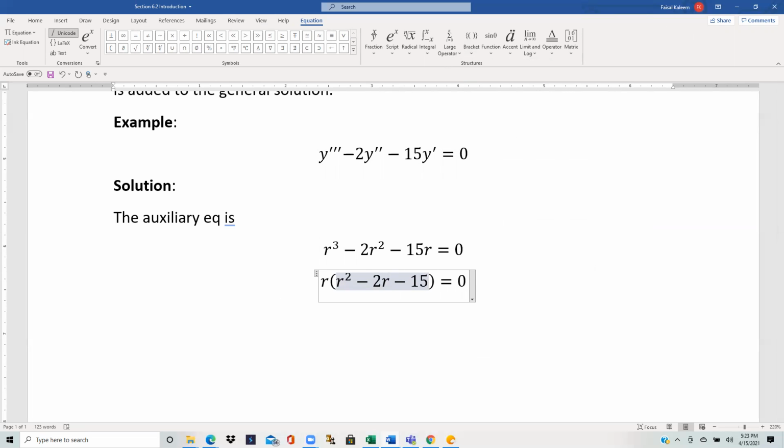And now this one factors further into r minus 5 and r plus 3.